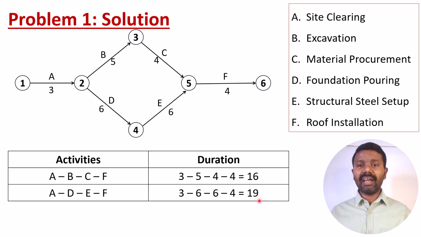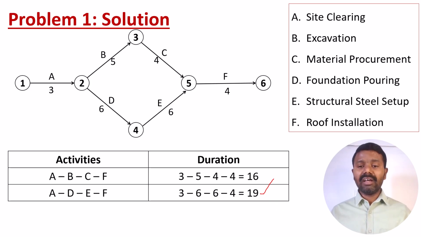That means the critical path is the path which will take the maximum time. So out of these two paths, the second path is taking the maximum time, so that is called the critical path. So this path is called the critical path.